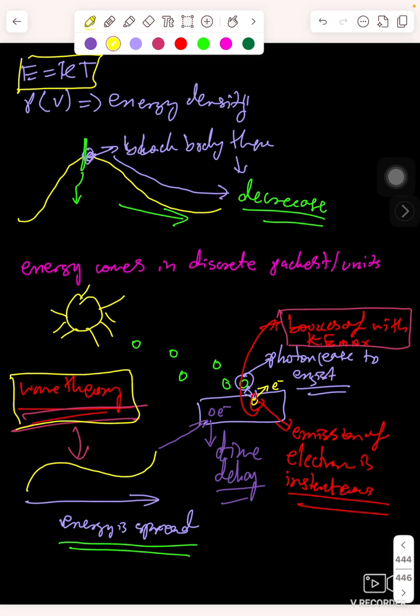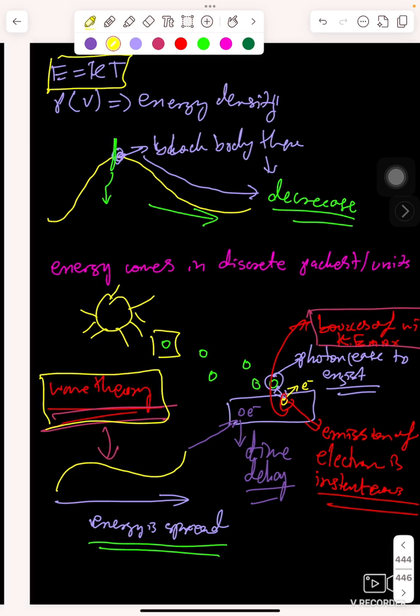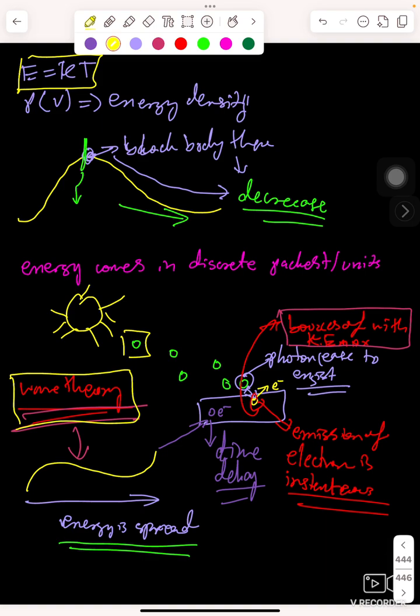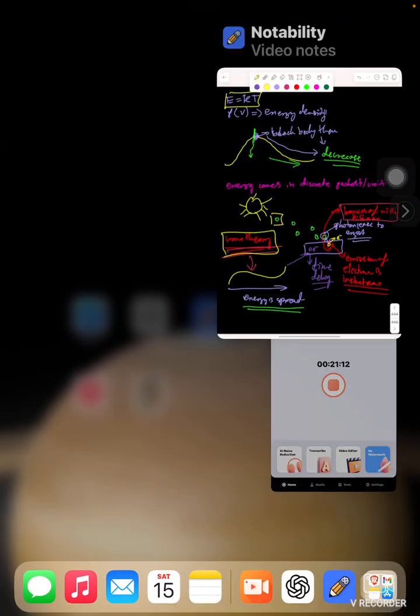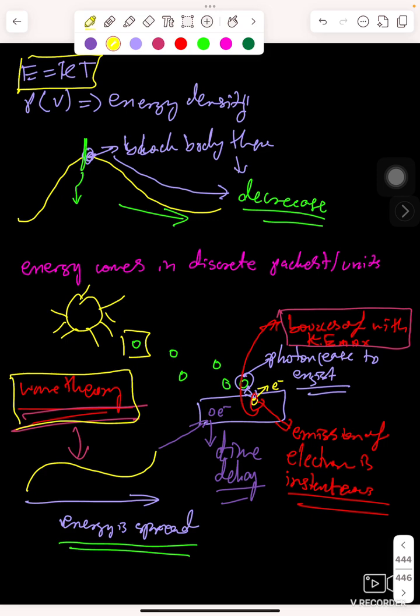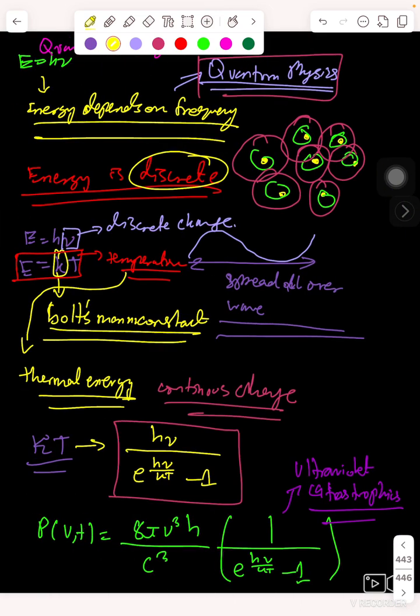So the idea of the photon's existence is the reason we have the photoelectric effect, and the cause of that is Max Planck assuming that light is discrete, not continuous. Light is like this. It's not like this.